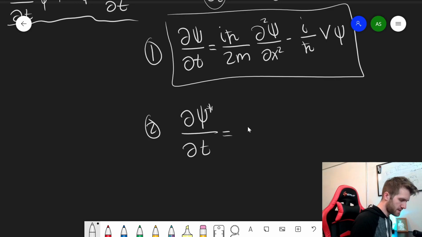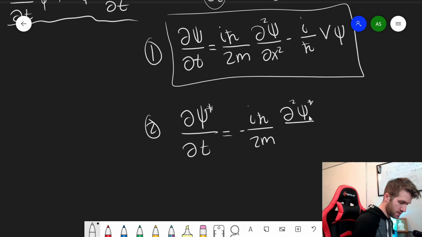So this is going to be equal to minus i h bar over 2m d squared psi star dx squared plus i over h bar, and that's V psi star.